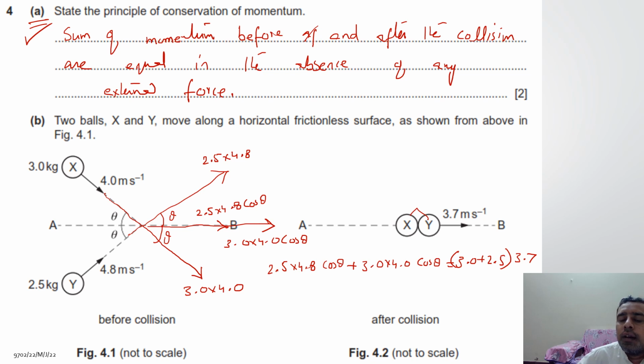So this is 12 cos of theta plus 12 cos of theta, equal to 5.5 into 3.7.